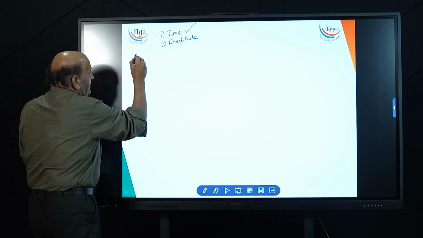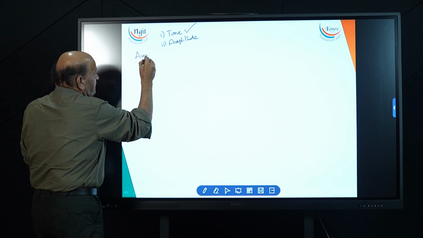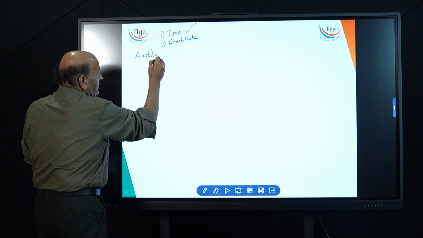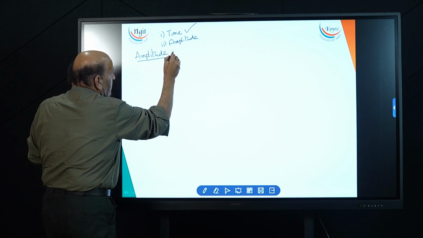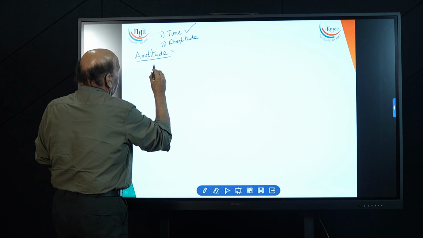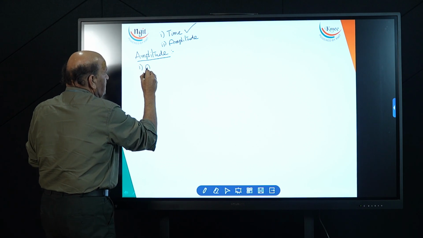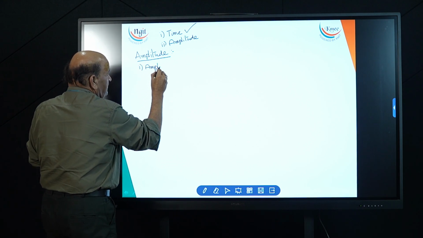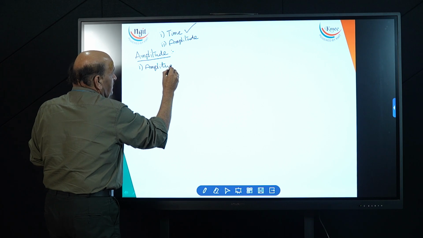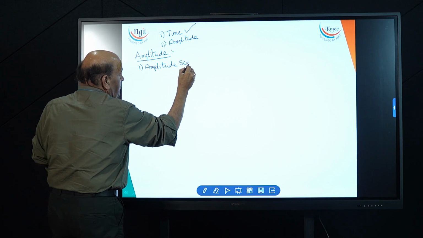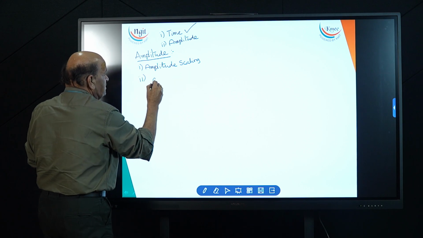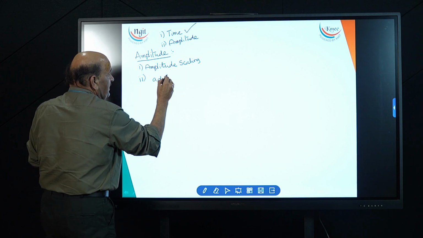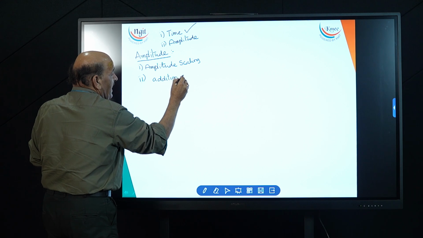This is operations on signals with respect to the amplitude parameter. The first one is called amplitude scaling. The second one is the addition operation, that means addition of amplitudes.